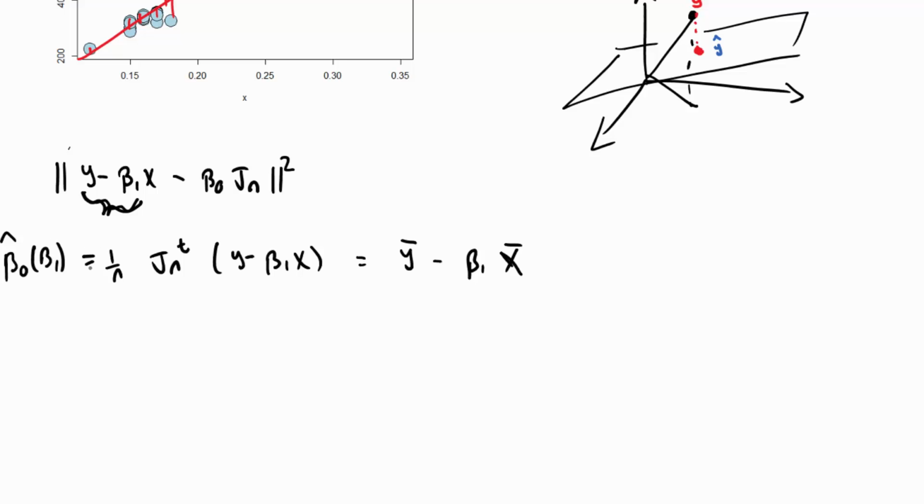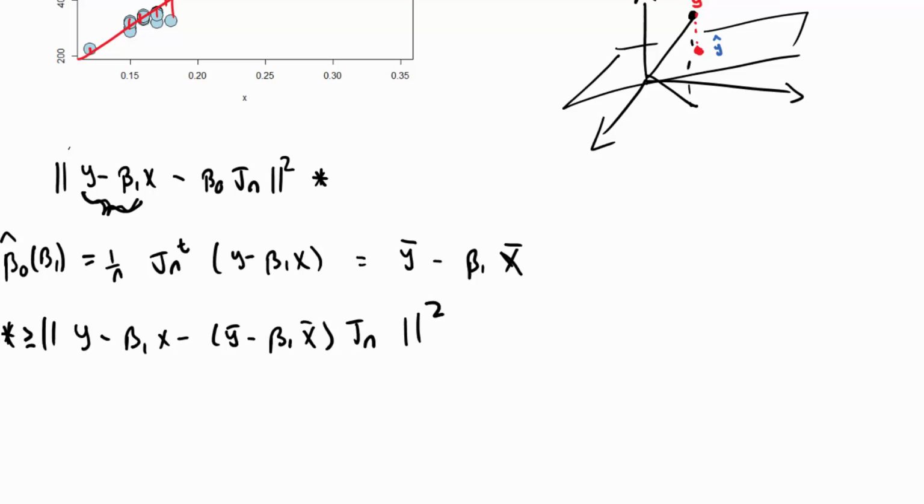So let's plug that back into our equation. So y minus beta 1 x minus beta naught hat of beta 1. So we're going to plug in y bar minus beta 1 x bar times jn, okay, squared. So we know that this quantity right here, asterisk, that asterisk has to be greater than or equal to that thing.